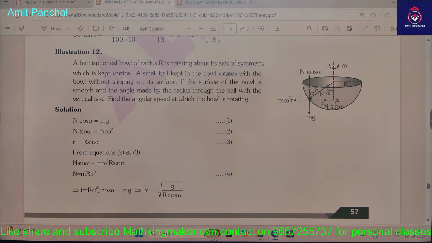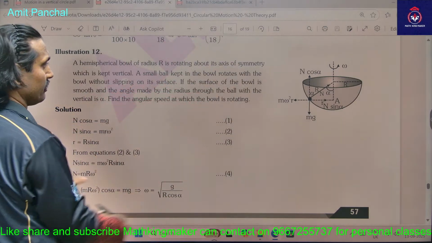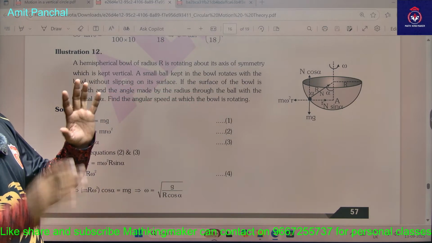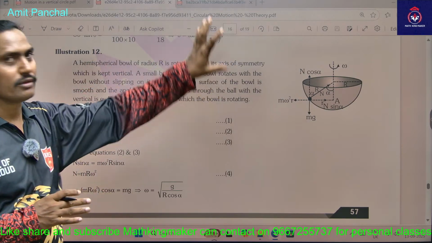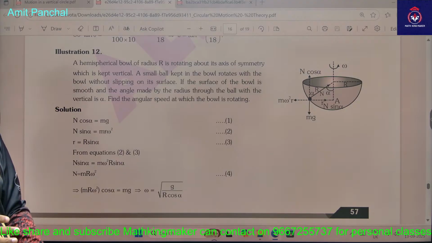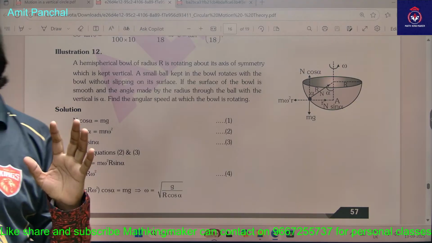What is bothering you in this question? I don't understand this properly. You don't understand it because you see the entire thing. Just see the question, make a diagram, then you will have your answer.